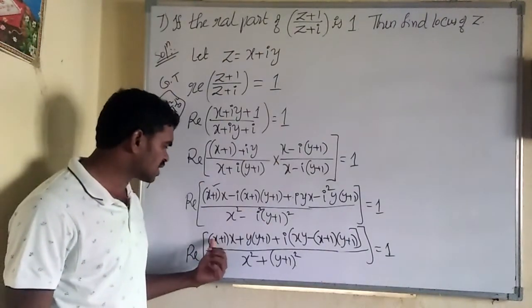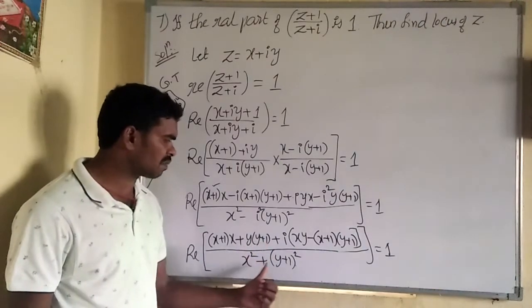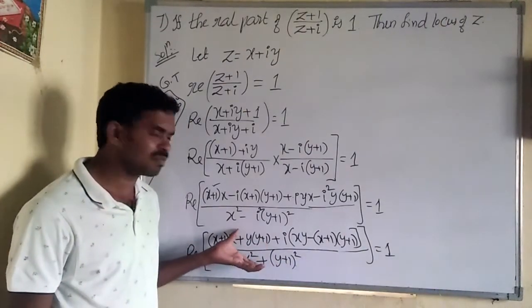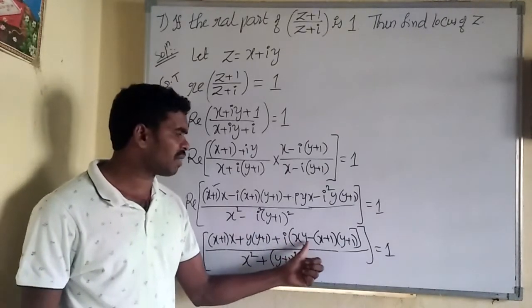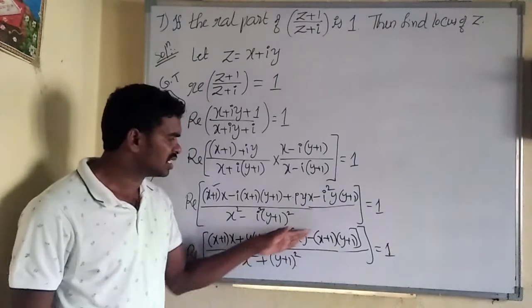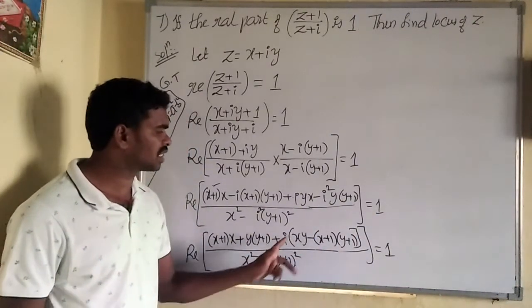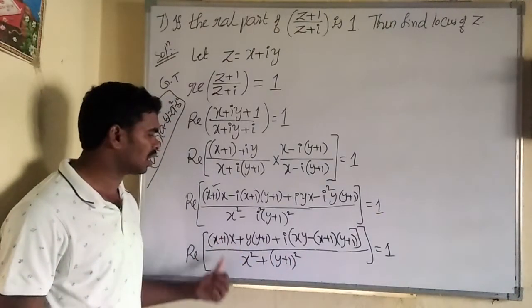Here you can observe x plus 1 into x plus y into y plus 1 by x square plus y plus 1 whole square. This can be taken as the real part. And then the i coefficient xy minus half x plus 1 into y plus 1 by x square plus y plus 1 whole square is taken as the imaginary part, because the i coefficient is the imaginary part, and the term without i is the real part.